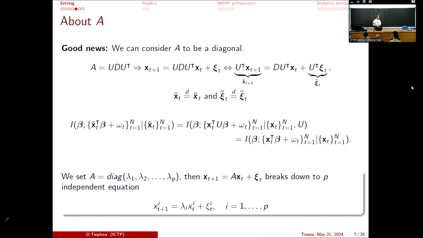Looking at our matrix, we have the coordinates of xt, and we can assume them to be independent of each other.